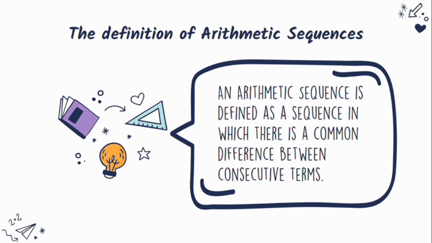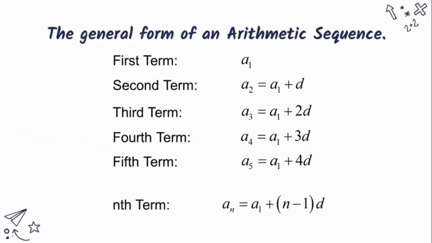The definition of an arithmetic sequence is a sequence in which there is a common difference between consecutive terms. There is the general form of an arithmetic sequence.